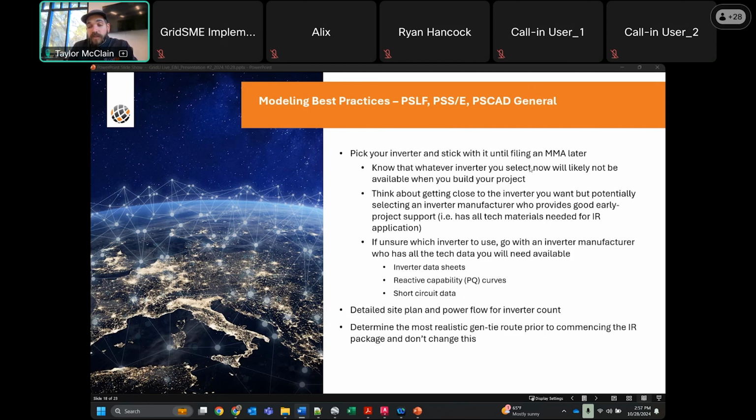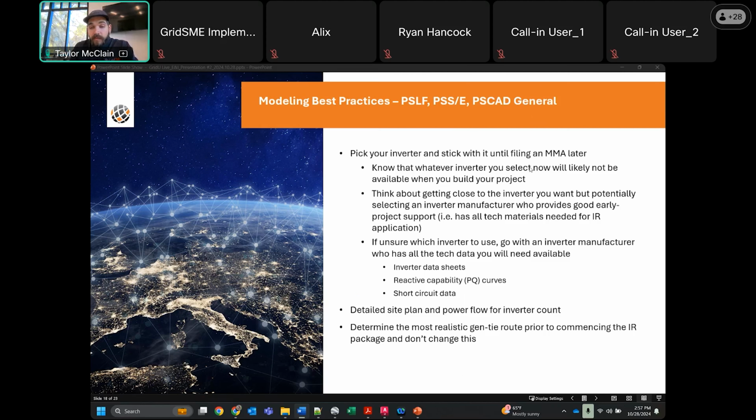So for these initial stages, while we do recommend getting as close as possible to your final design, if you really don't know much about which inverter you're going to select, we highly recommend working with your consultant and saying, hey, who has the most complete technical data package and is the least likely for me to end up with deficiencies based on the info that I'm able to provide?